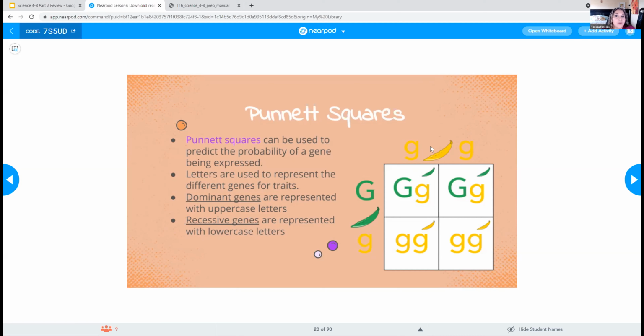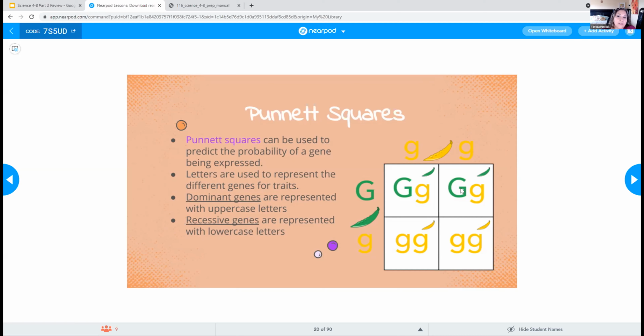Notice I didn't use a Y here. We're going to use only one letter, and that letter is typically used to represent the dominant gene. If I'm not talking about that dominant color, I'm just going to use a lowercase letter. Then all you do is combine the letters into the boxes. In this box, because I have a dominant gene, I'm going to have green pea pods.